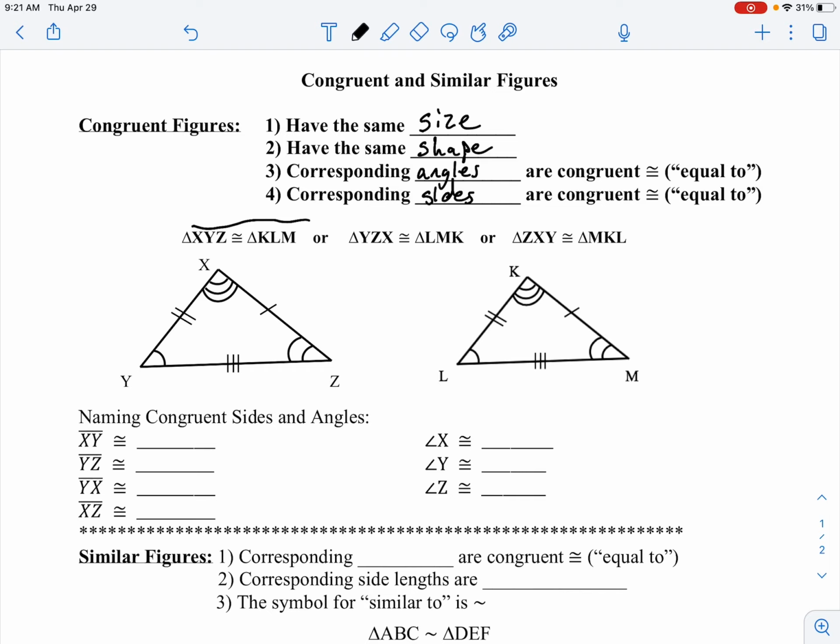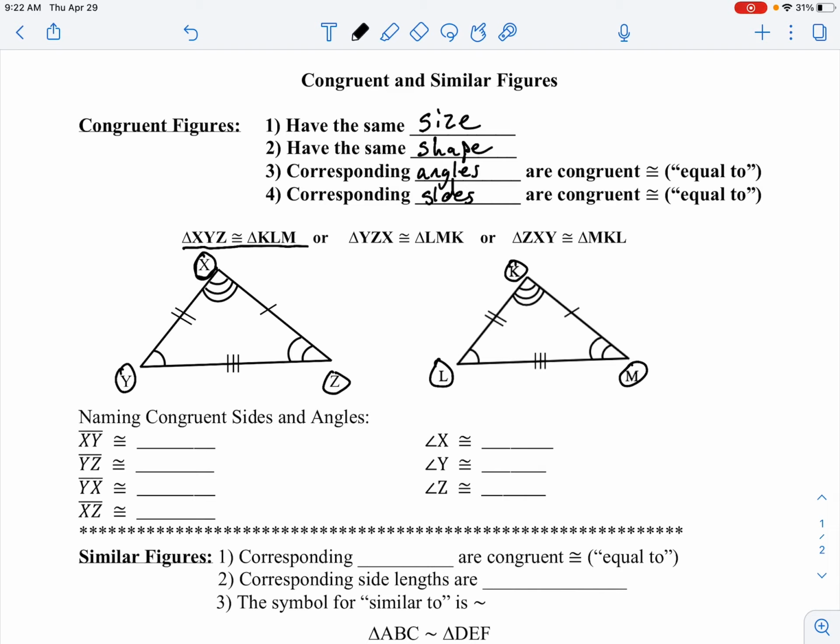If XYZ is congruent to KLM, that means angle X is going to be the same as angle K. Angle Y will be the same as angle L, and angle Z will be the same as angle M. The way these are named up here tells us that the angles in the order that you see them are equal to the other angles in the order that you see them.